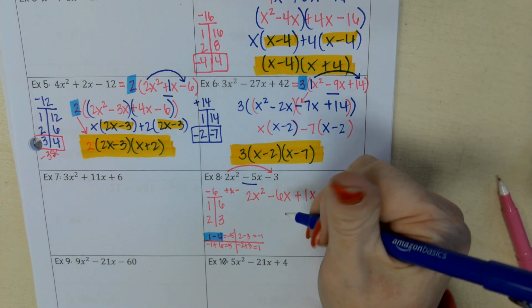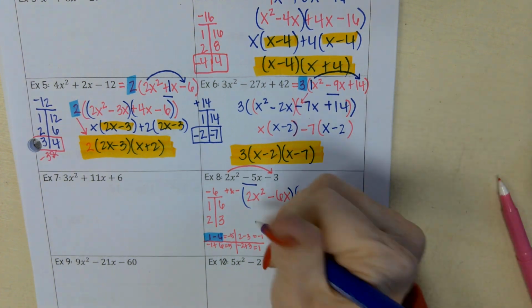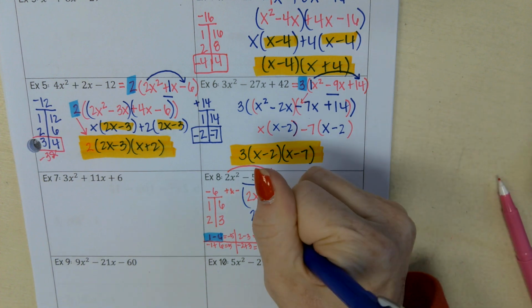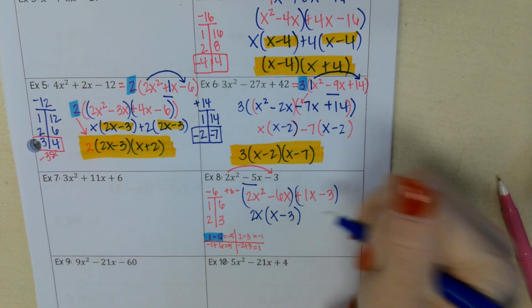Okay? All right. Group the first 2, group the last 2. I can take out a 2x right here. That leaves me with an x minus 3.